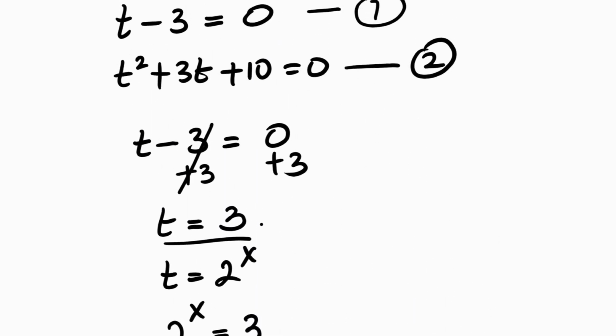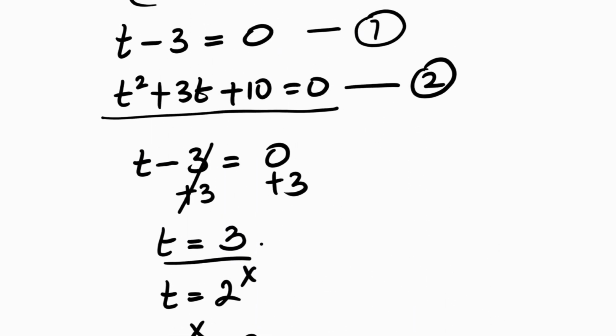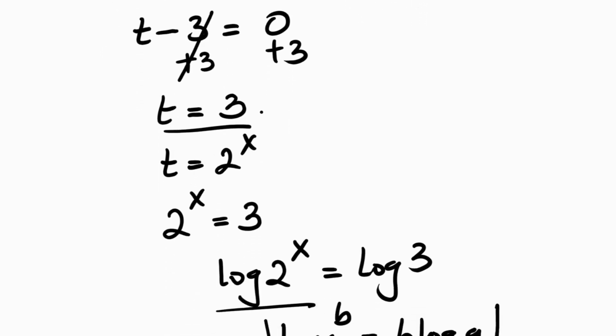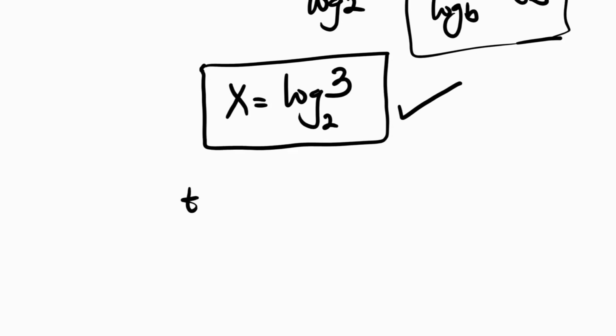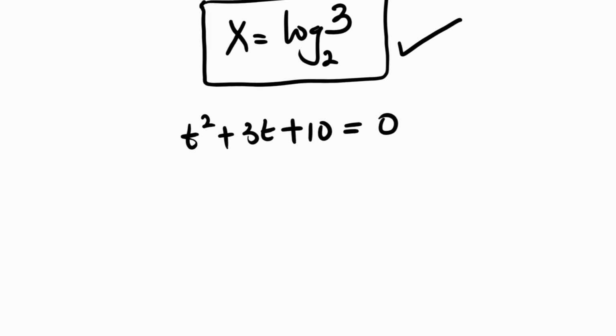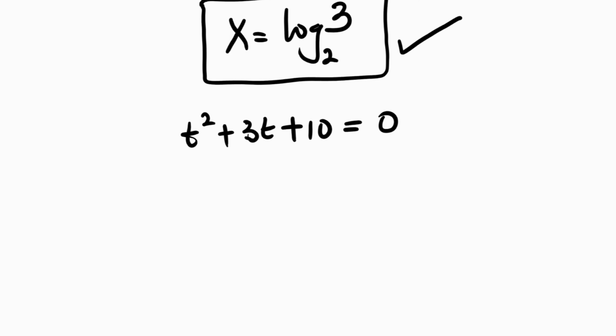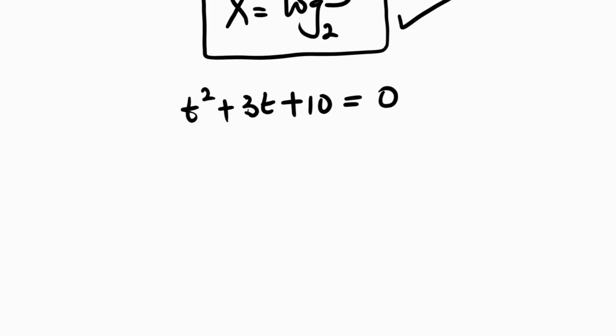Which is this: t squared plus 3t plus 10. So we have t squared plus 3t plus 10 equals 0. So this is our quadratic equation, and we're going to use the quadratic formula to solve this.